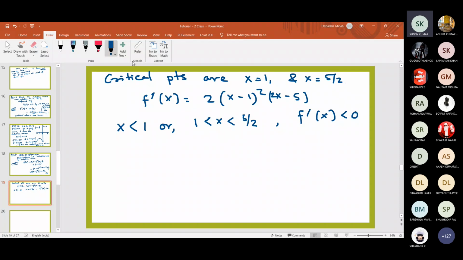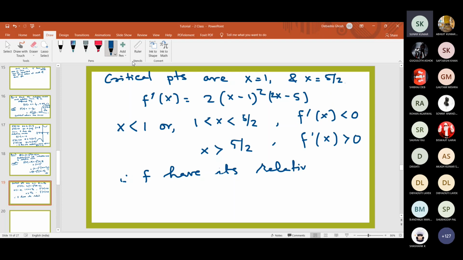Now for the remaining portion, that is if your x is greater than 5 by 2, then f dash x is greater than 0. So from negative to positive, if we make changes, then you must have the relative minimum. So f has its relative minimum, and we are making changes here about the point 5 by 2.